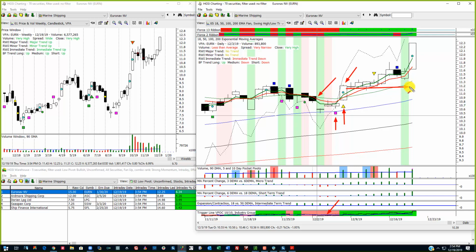And then this stock digested that for several days. But look what happened during those several days. This stock closed in the upper range of all these candles except for this one. There was a wick, and what happened? It caused a little selling the next day, and then yesterday we had a green bar. Why? We had a pivot, and here it's taken off today.